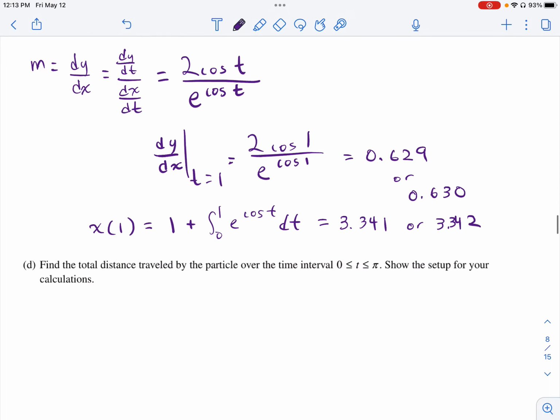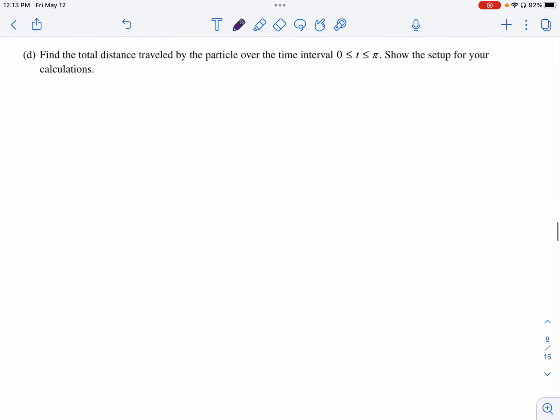All right, now let's go on to the last part. Find the total distance traveled by the particle over the interval from 0 to pi, and we're going to show the setup as well. Total distance is simply going to be our arc length, which can be found by the arc length formula, from 0 to pi of the square root of dx/dt squared plus dy/dt squared.